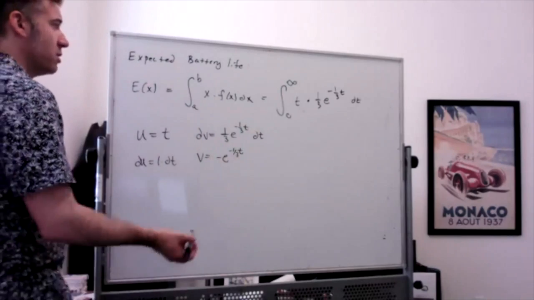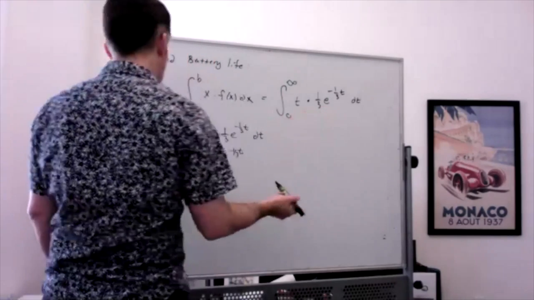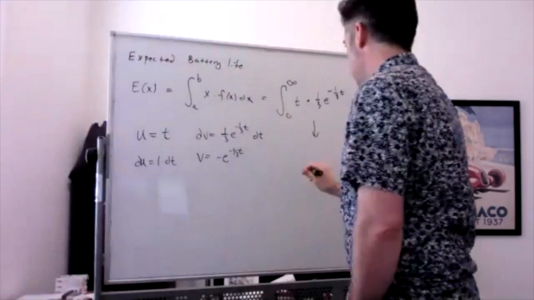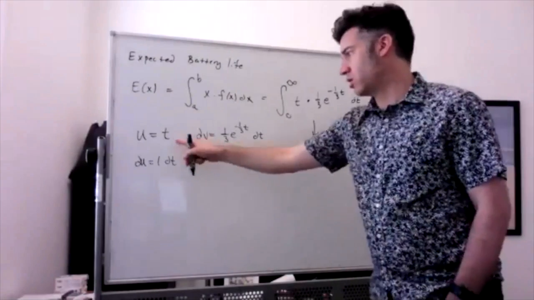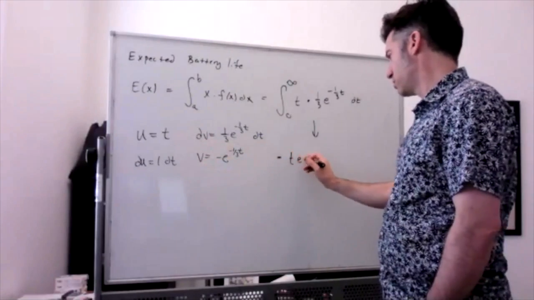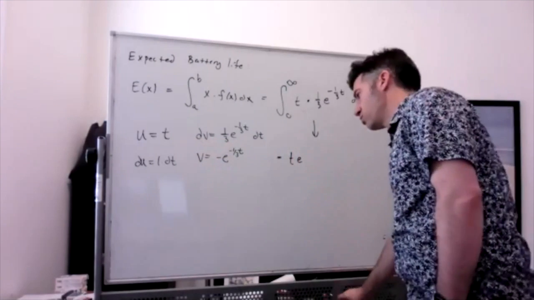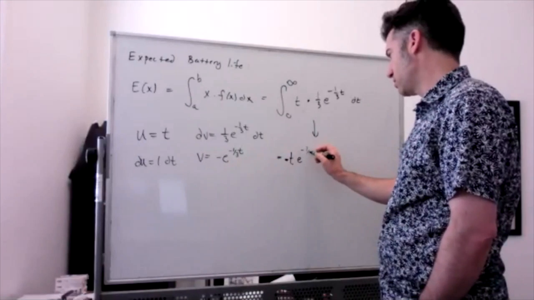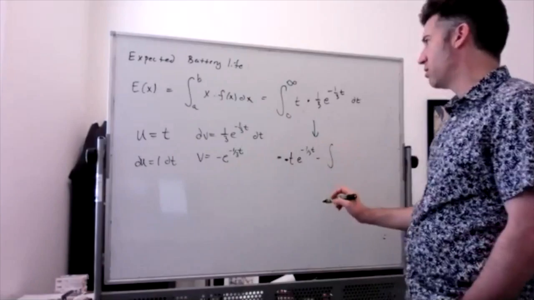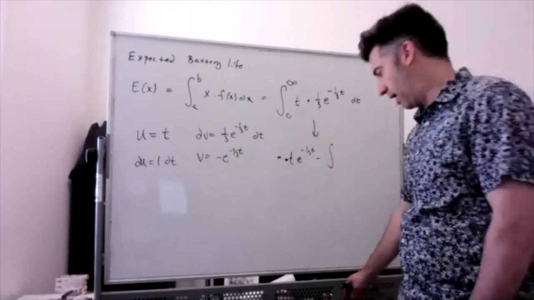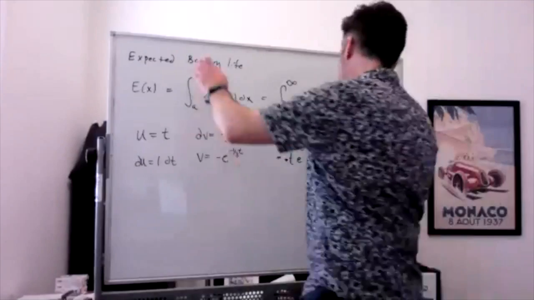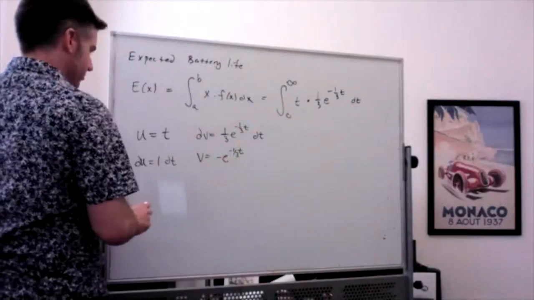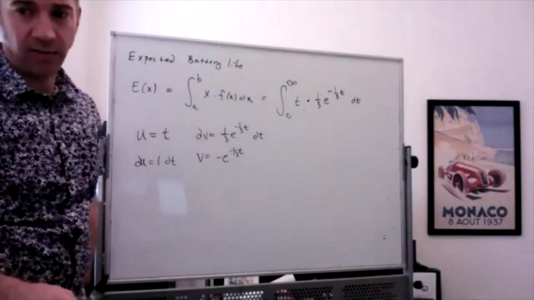So now, this integral, I always feel like I put this in the wrong place. This integral is going to be equal to uv, which is a negative t e to the -1/3 t, minus the integral. Not that I did this wrong, but I should be a little bit more careful. Let me back up a tiny bit.